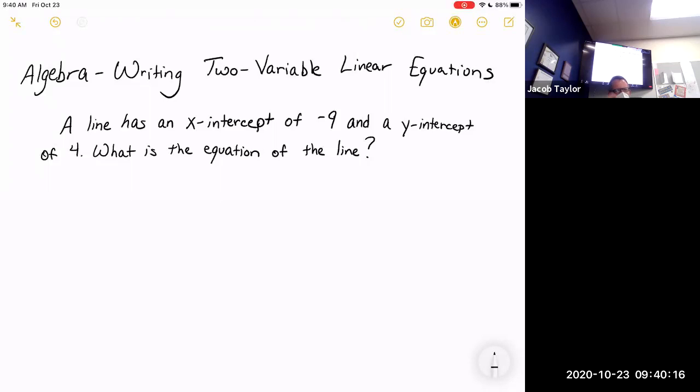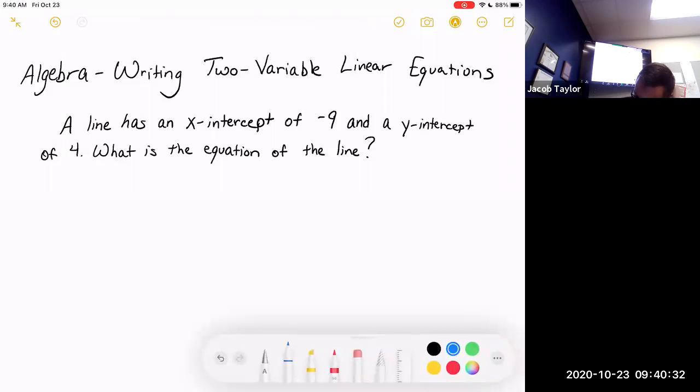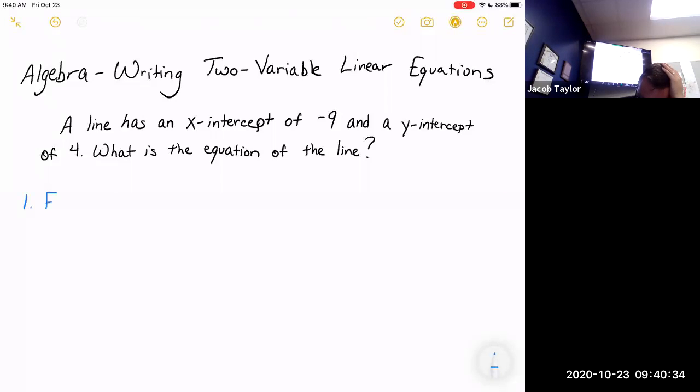So in order to write a linear equation, what are the two pieces of information I need to have? In slope-intercept or in point-slope, I need to have slope. So step number one is find the slope.